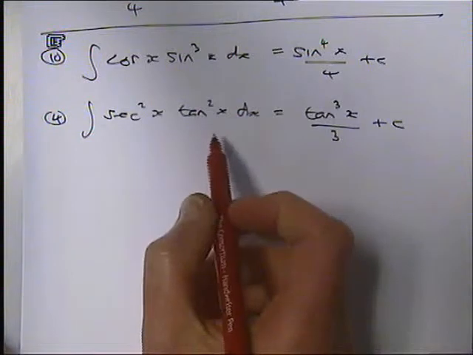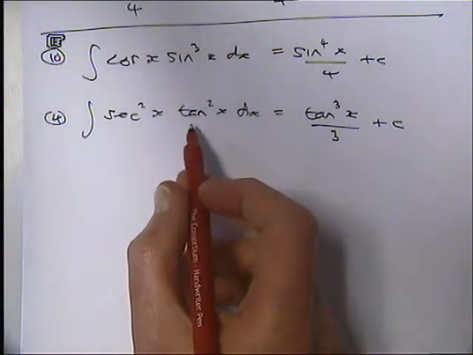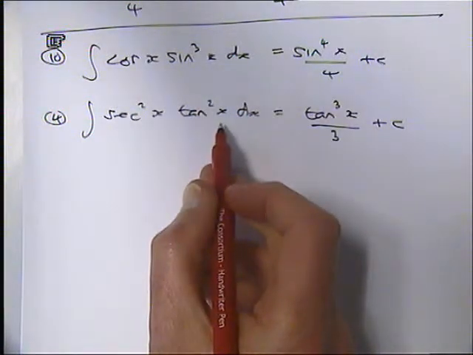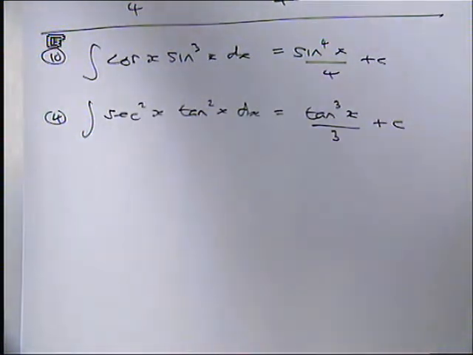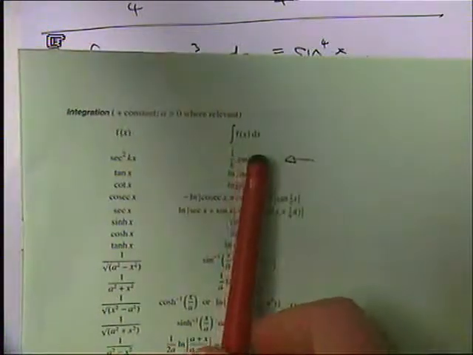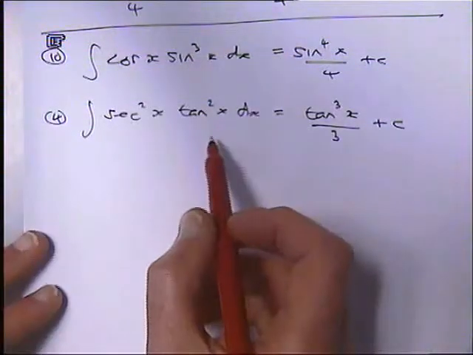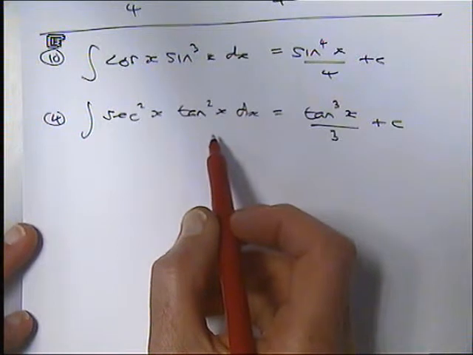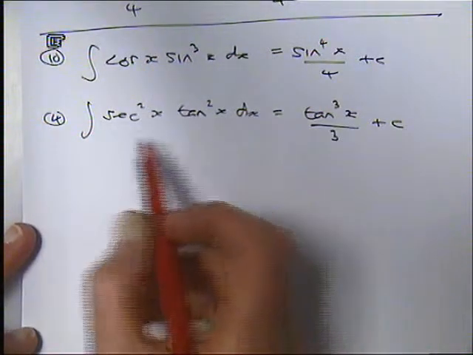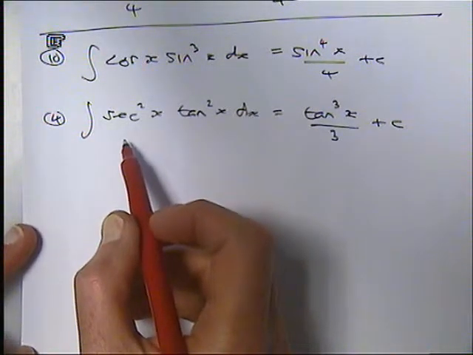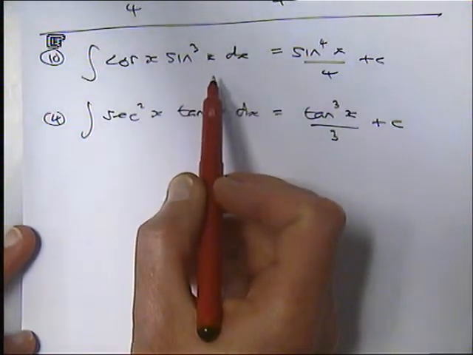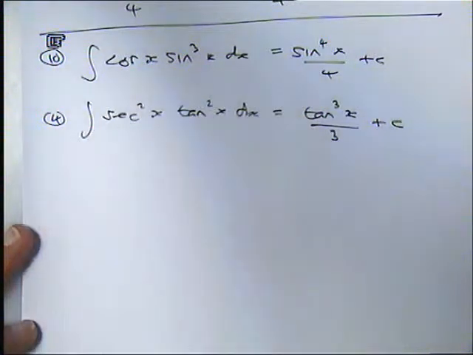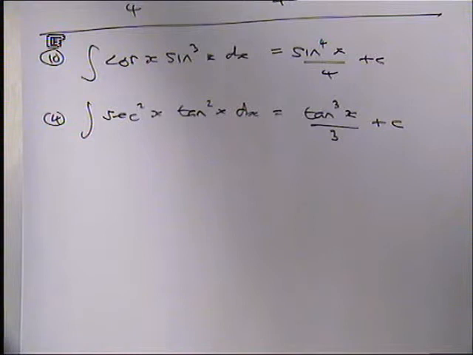If you look in your formula books on page 5, what is the derivative of tan x? If you differentiate tan x, which means on this page you're going from the right hand column to the left hand column, what do you get? Sec squared x, yeah. What do you get if you differentiate sine x? Cos x. Can anybody spot anything which may be happening here? Any pattern? I know it's just from those two.